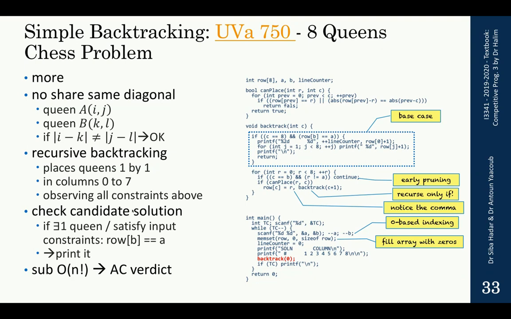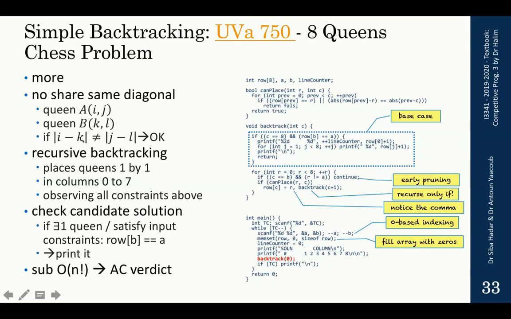More optimization can be made when we think that the queen can attack via the diagonals. So if I have queen A placed on row I column J and queen B on row K column L, if the difference in absolute value between I and K is equal to that between J and L, it means they are either on the left diagonal or on the right diagonal, so they can attack each other, so this is not okay.